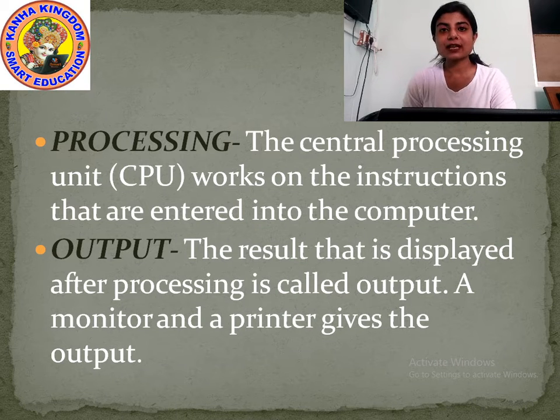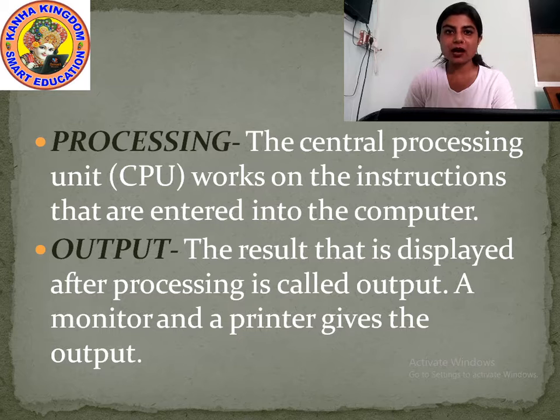The result that is displayed on your monitor screen after being processed is called output. Now what are the devices to get an output? We get our output on a monitor or on a printer.